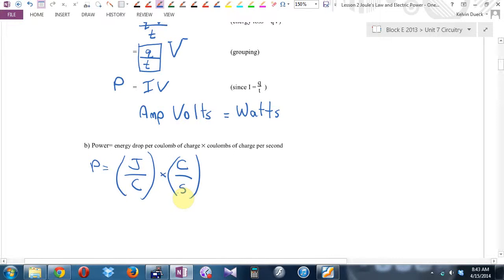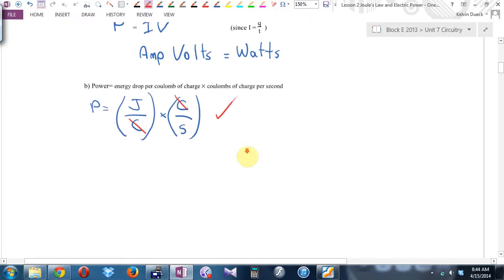Is amp volts the same as watts? Hey, I get joules per second, I get energy over time. It is watts. Wouldn't have thought of that at first, but there you go. So the units do work. Woohoo!